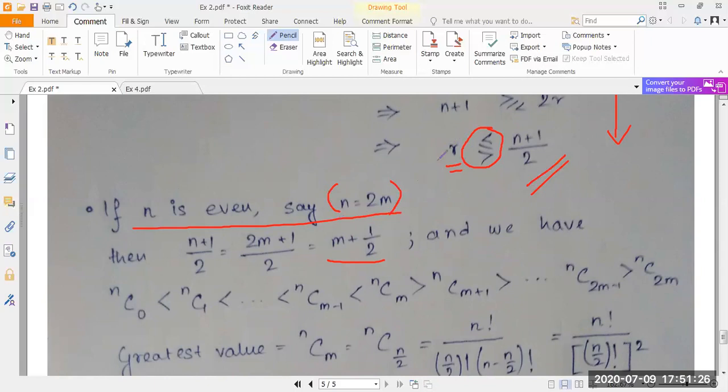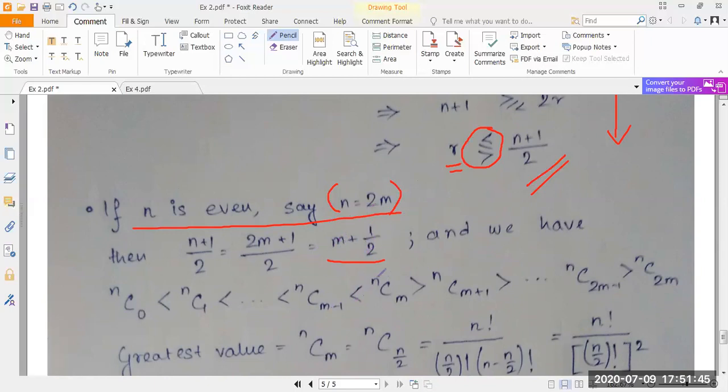But r can only take integral values. So if r needs to be less than m plus half, then it will be m, and if r needs to be greater than m plus half, then it needs to be m plus 1. R cannot take the value m plus half.